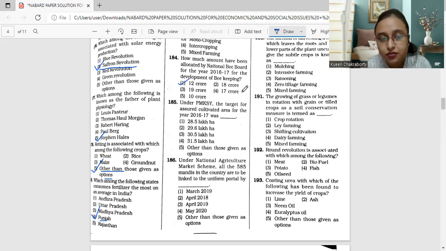Next, coming to question number 185. Under PMKSY, the target for the assured cultivated area for the year 2016-17 was 28.5 lakh hectare, 29.6 lakh hectare, 30.5 lakh hectare, 31.5 lakh hectare, or none of these.